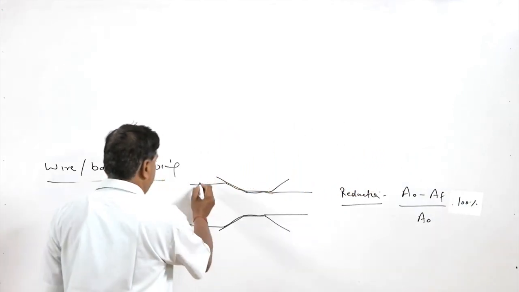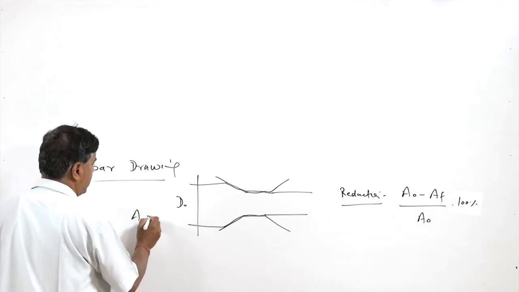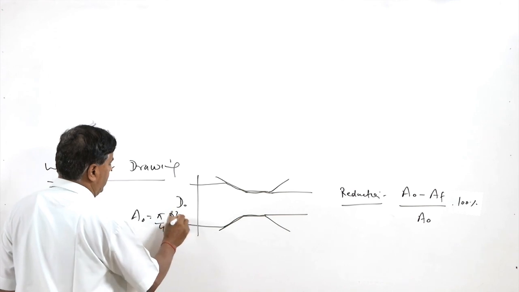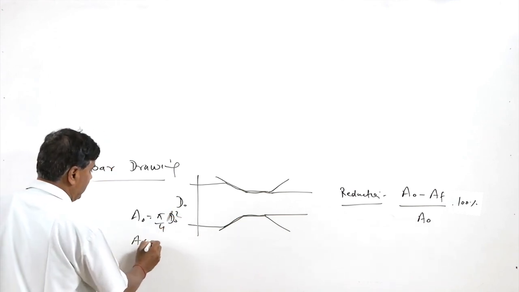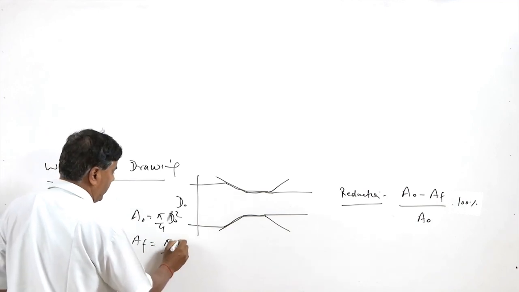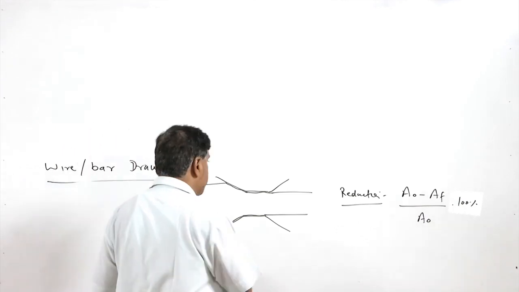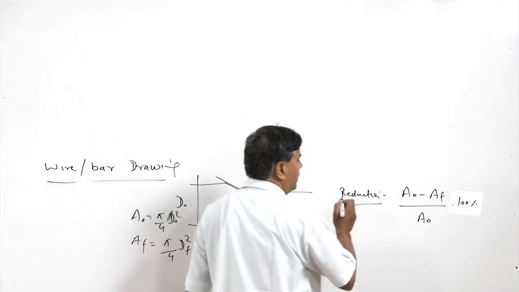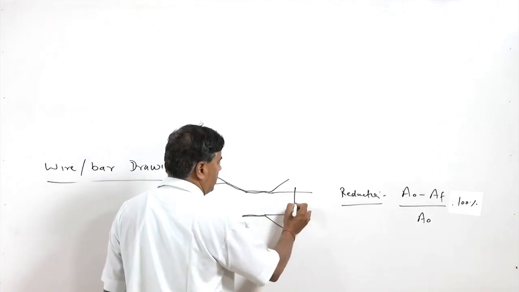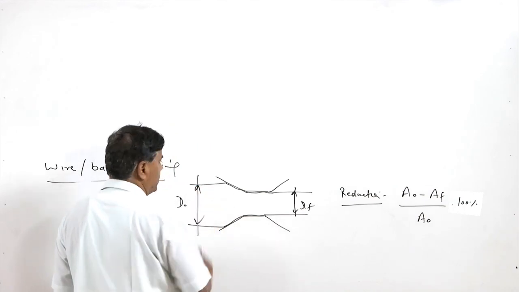The initial cross sectional area is obtained from A naught equals pi by 4 D naught square, and the final cross sectional area AF is obtained from pi by 4 DF square, and these are used to calculate the reduction percentage which is taking place as a result of the drawing. So, this will be determining the DF, and this is the D naught.